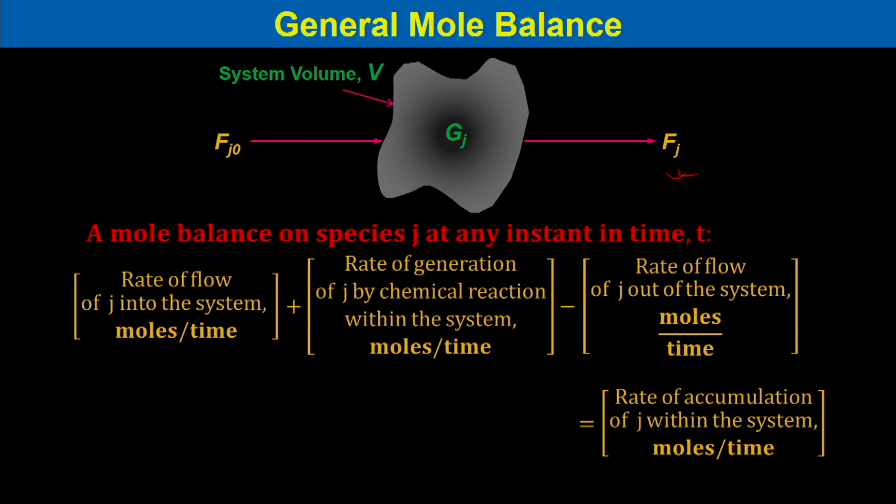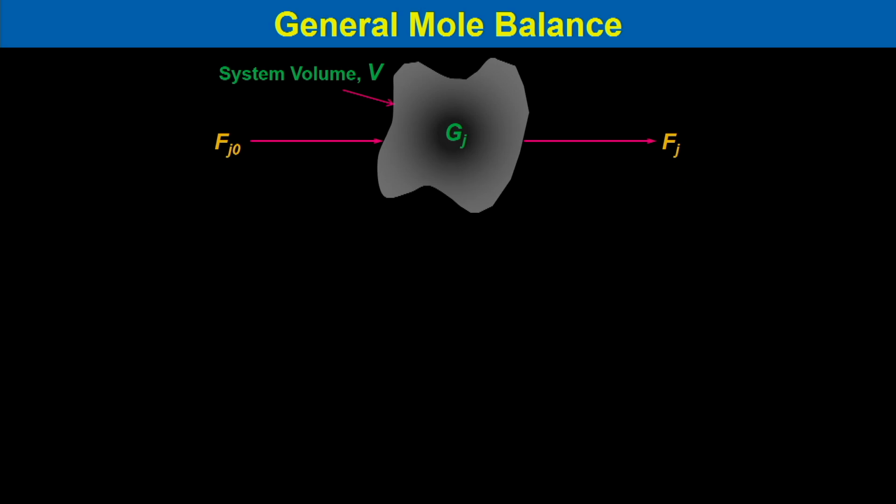In simpler form, we can write in plus generation minus out is equal to accumulation. This is the simple mole balance equation for any species J at any instant t. Now, the overall mole balance equation is in plus generation minus out is equal to accumulation.